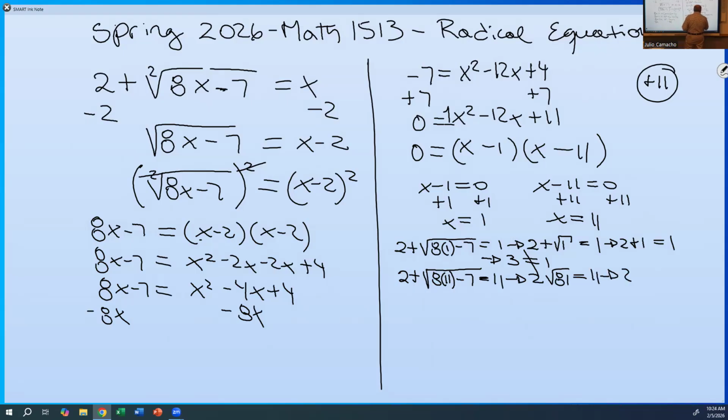What is the square root of 81? 9. 2 plus 9 is 11. Do you agree with that? So that is the answer. The answer would be 11. This one, 1, is disqualified because 3 is not equal to 1.